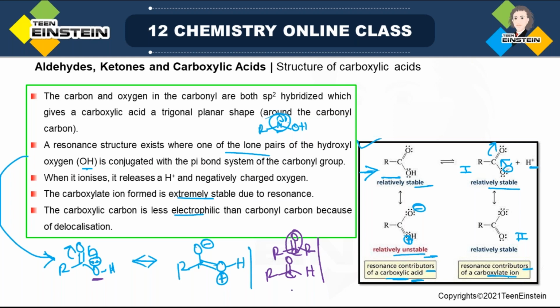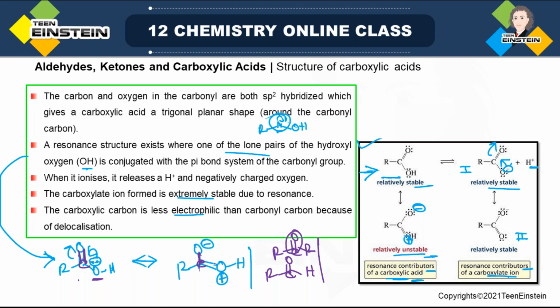But if you consider the resonance structure that is possible in the case of carboxylic acid, in the first structure you can see there is a double bond between carbon and oxygen, but in the second structure after resonance, it is single bond character. So as a result, what will happen? The electrophilic character, electrophilic meaning electron deficient, will prefer attack from a nucleophile.